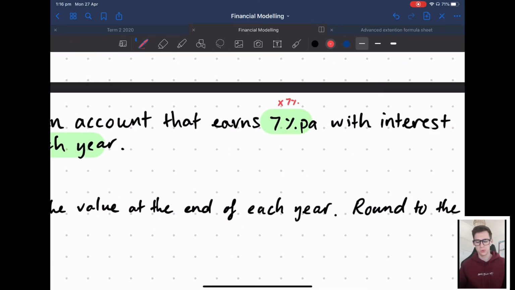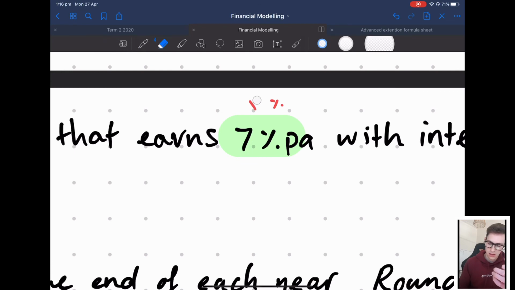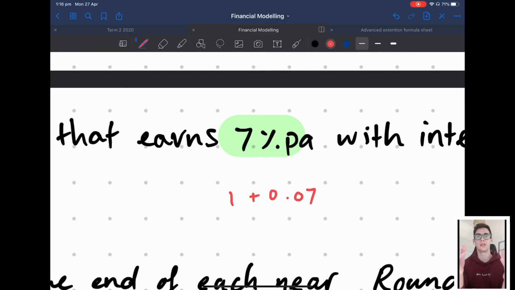That is not how banks work. Instead, the way banks work is they find out how much money you have currently, in other words, your current amount, your whole amount, and then they're going to add on 7%. Now I'm going to write this as 1 plus 0.07, which is the same thing as 100% and 7% more, but we tend to write these in decimals because it's a little bit easier to work with.